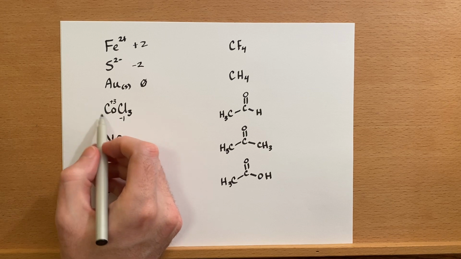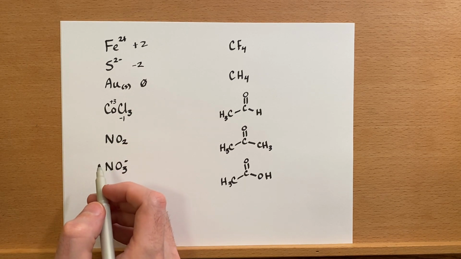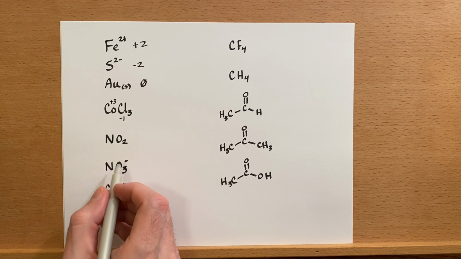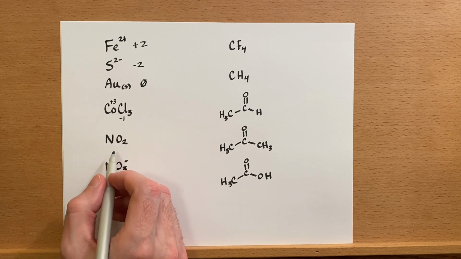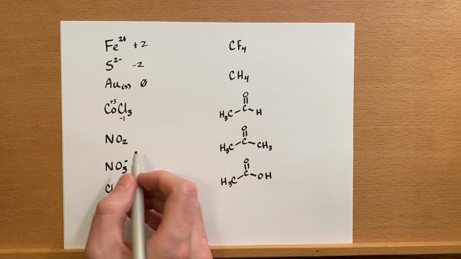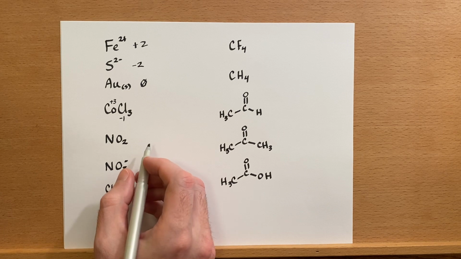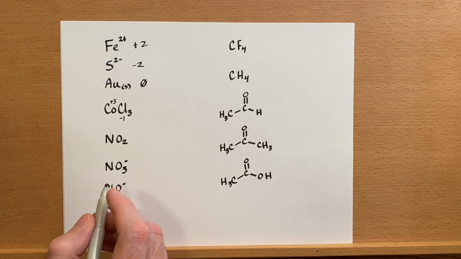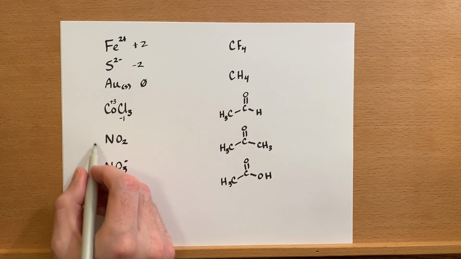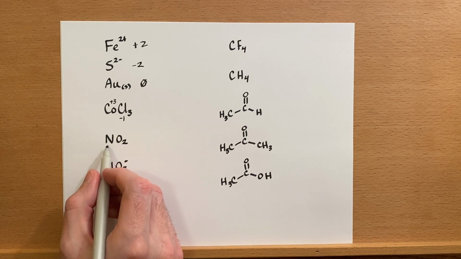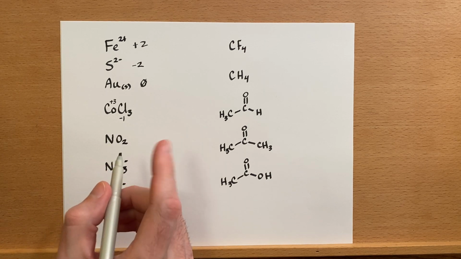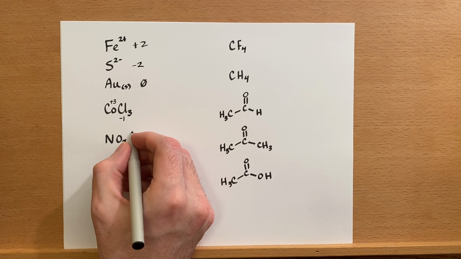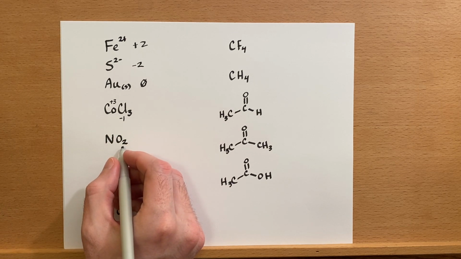So the oxidation state on the cobalt is +3. Now, here is a neutral covalent compound, and we'll have to use our rules. So overall, this thing, nitrogen dioxide, is neutral, so the total charge on this is 0.